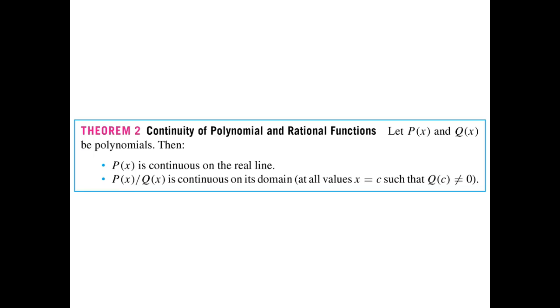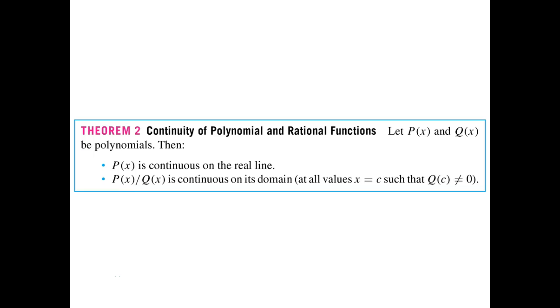I don't know if your instructor harped on them, but I know I always do in my classes. Two features of a polynomial function: they're smooth and continuous. Okay? So right there, I said they're continuous. So continuity of polynomial functions, they're always continuous.